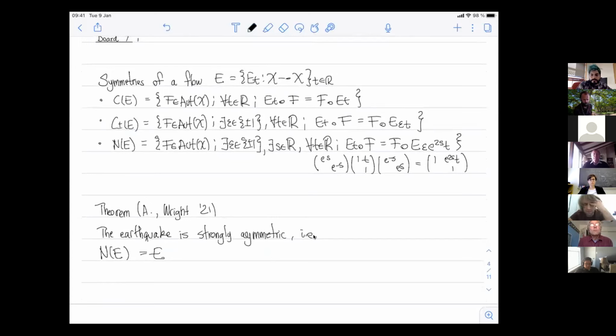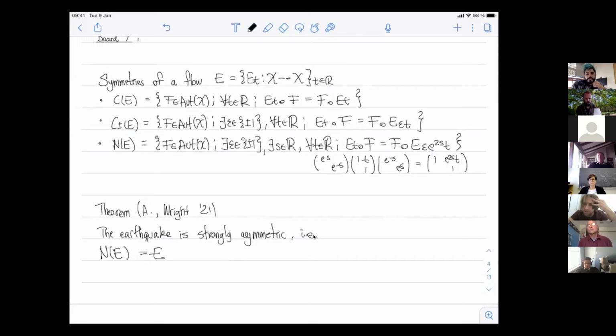Elementary question, Francisco. Is a reparameterization of the flow counted as a topological conjugacy? I think sometimes people talk about reparameterizations where it's a different flow, but the flow lines are the same, and the speed at which you move along the flow lines can be different.